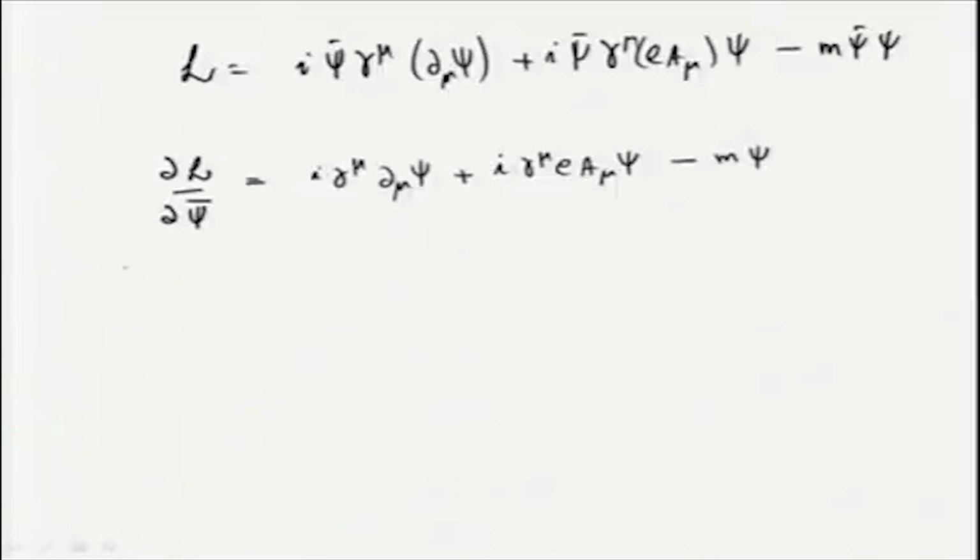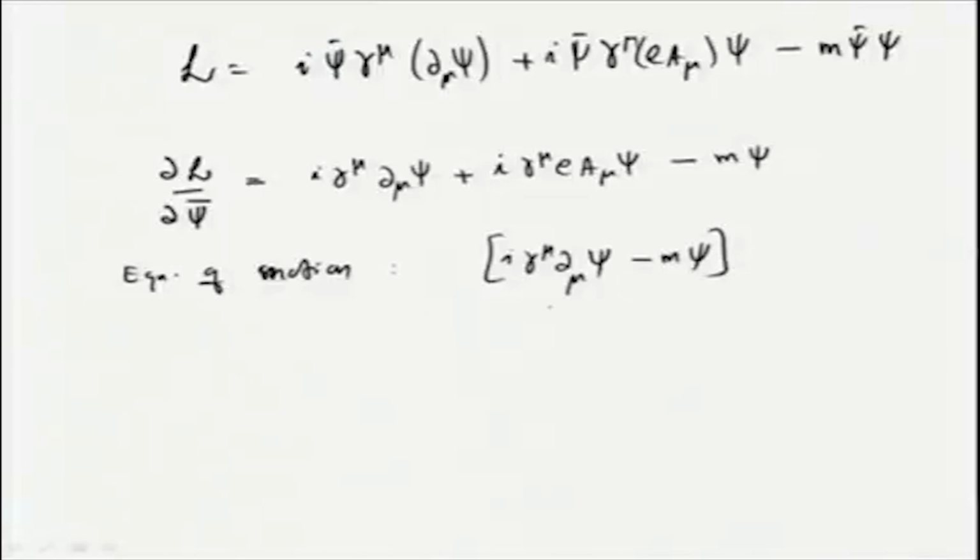So, this gives us the equation of motion of psi as i gamma mu dou mu psi minus m psi. Recognize this as the free Dirac equation, corresponding to a free particle described by psi.